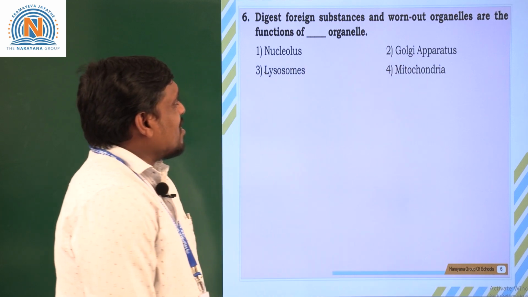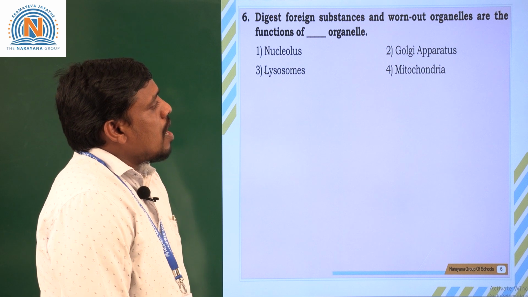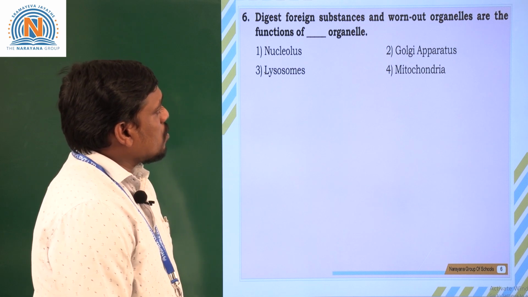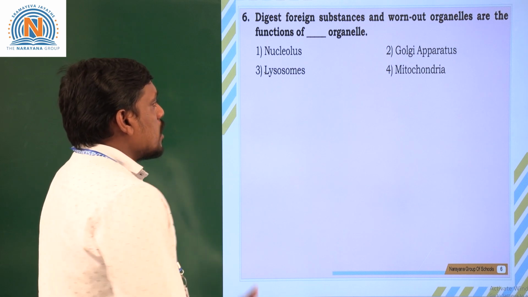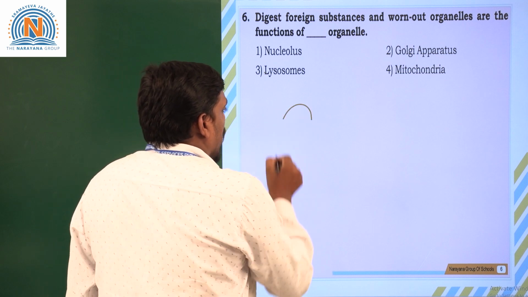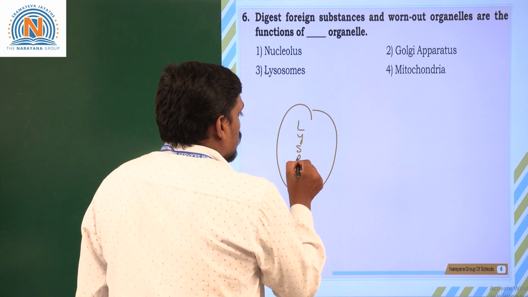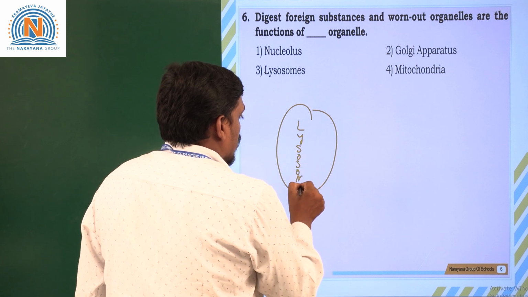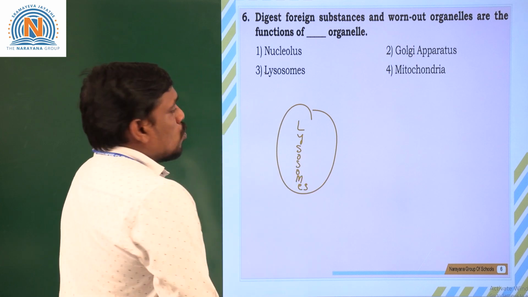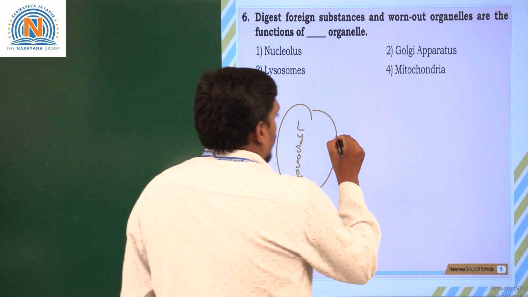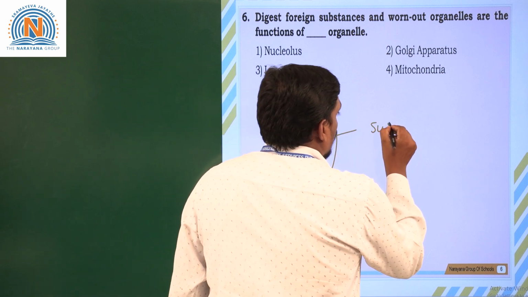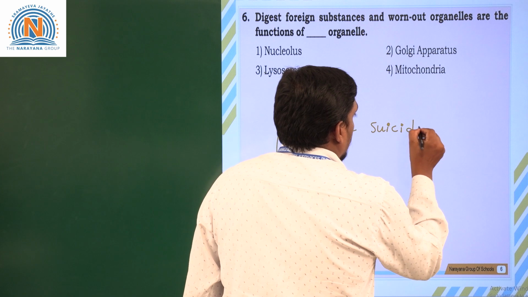Sixth, digest foreign substances and worn out organelles are the functions of dash organelle. You might have seen the lysosomes. Lysosomes are generally considered the suicidal bags of the cells. What are they called? Suicidal bags of the cell.